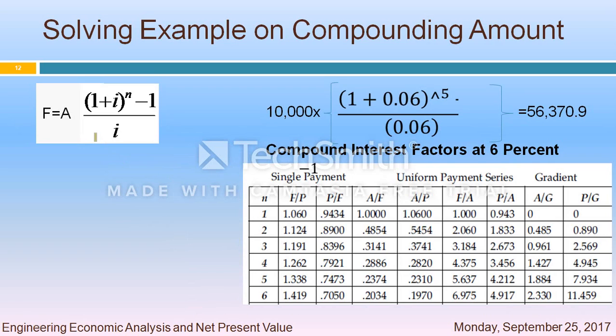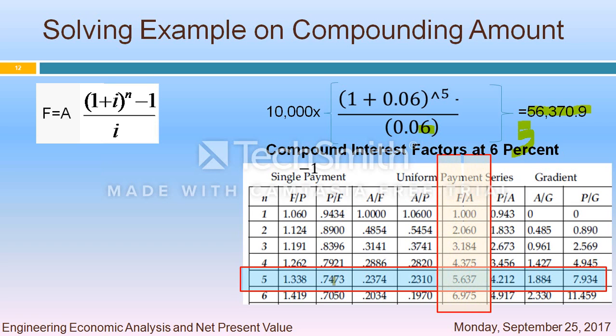Apply the formula, 10,000, apply I and N and everything, you're going to get 56,370.9 at the end of 5 years. Okay, now same, open the interest rate book, catch the paper which is 6%, and go to the row which is N, the number of periods, 5 years, and catch F over A. Why F over A?